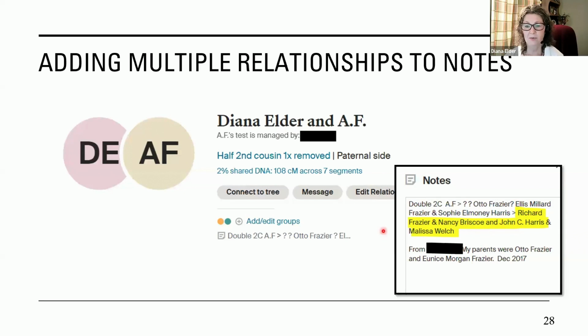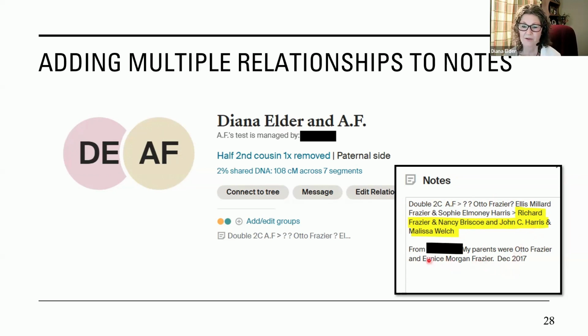You could even add a second row, a row for each relationship, the same person. If I wanted to put this into Airtable, I could have all of this going back to the Harris, and then I could do another row with the common ancestral couple of the Welches. So you just have to be creative sometimes.